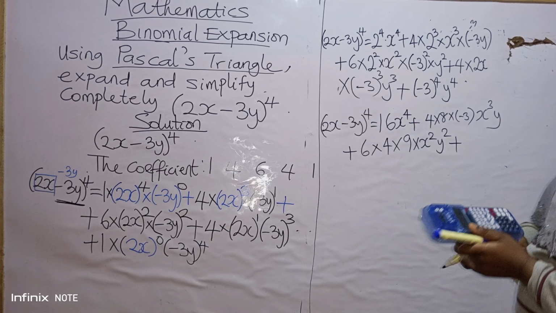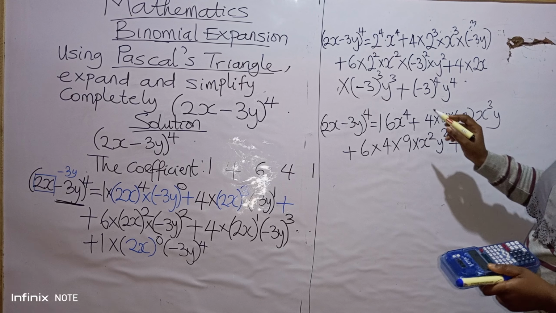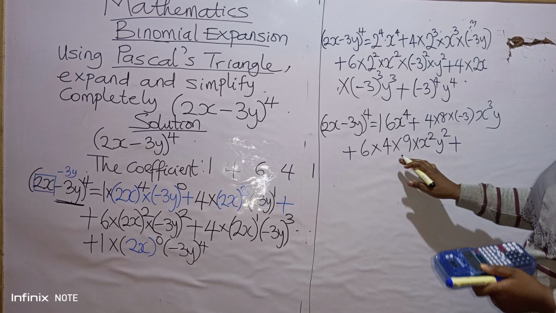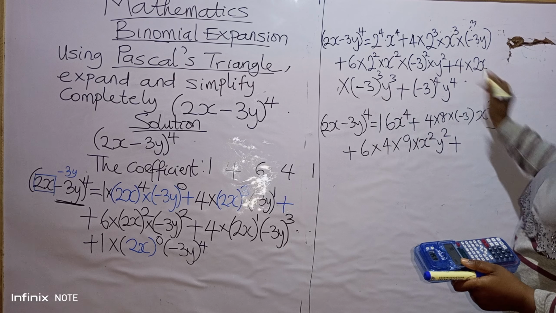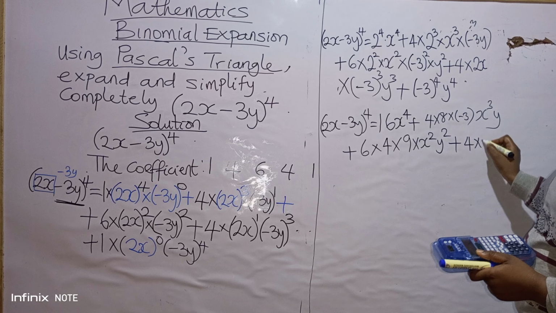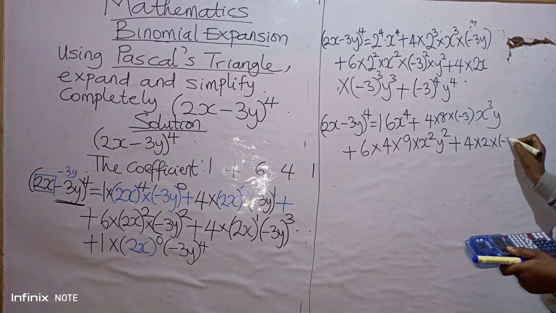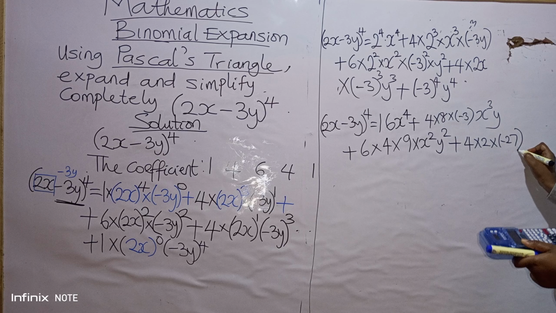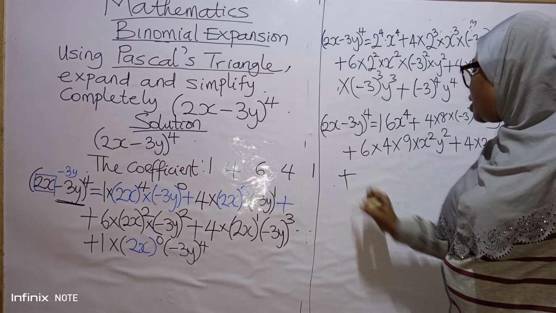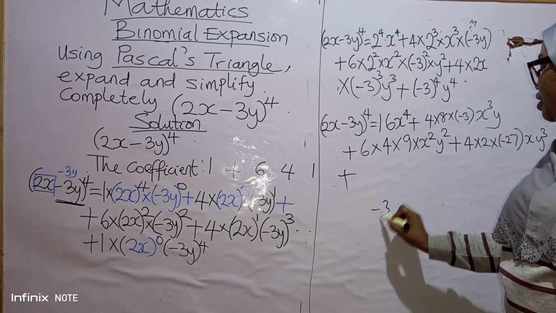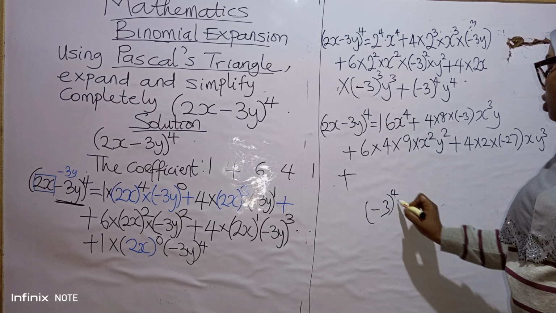So I have 6 multiplied by, where are we? Here. So I have 4 multiplied by 2 multiplied by minus 27, then multiply by x multiplied by y cubed. So plus, I have minus 3 raised power 4, what is that?